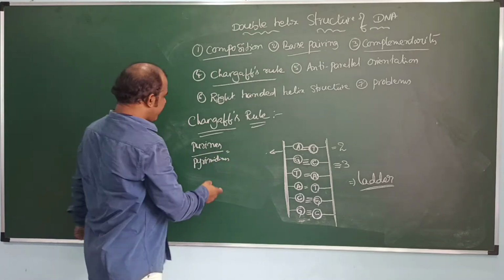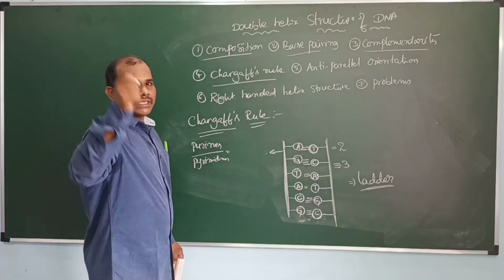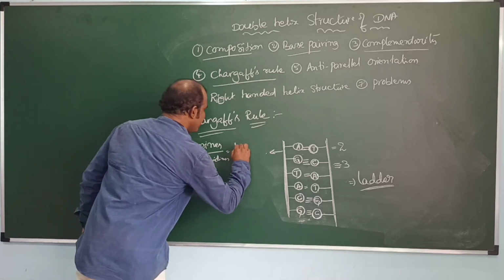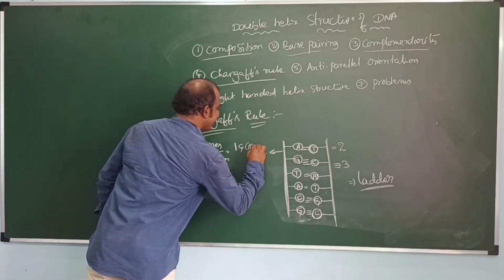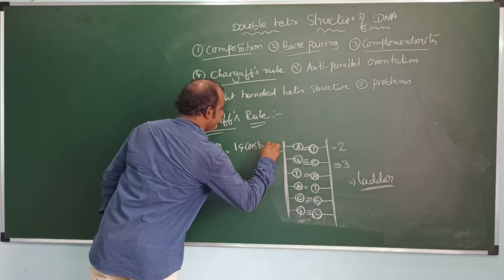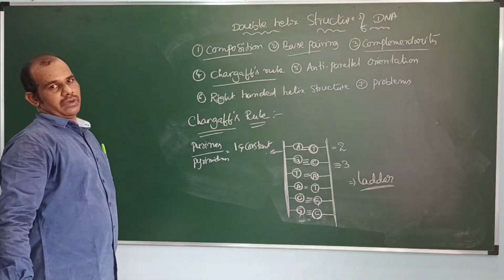Therefore, the ratio between purines and pyrimidines in a given DNA is always 1 and constant. This is one of Chargaff's rules.